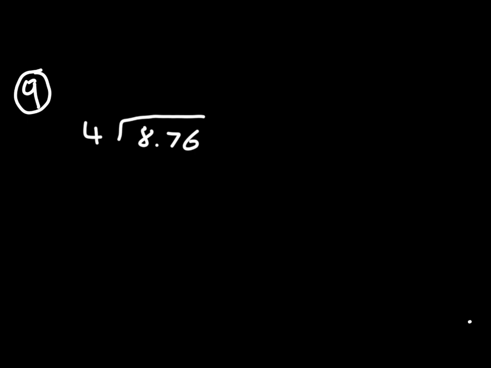For question 9, we are asked to divide 8.76 by 4. So, 4 goes into 8 twice. 2 times 4 is 8. 8 minus 8 is 0. Bring down the 7. Now, 4 goes into 7 once, but remember, the decimal point will be over there because this is where it was in our dividend. We then carry on. 1 times 4 gives us 4. 7 minus 4 is 3.